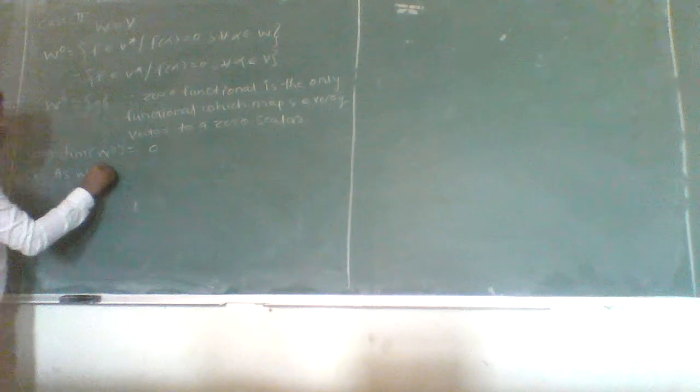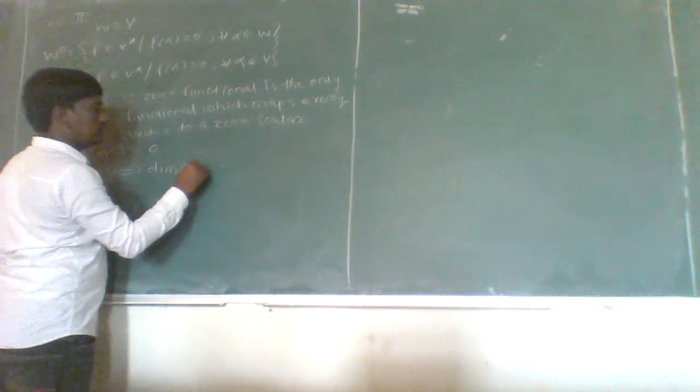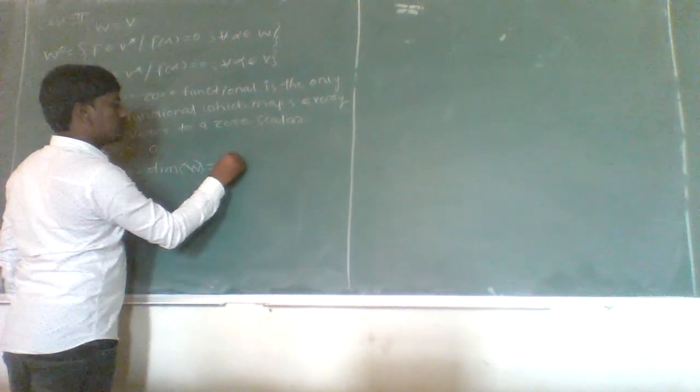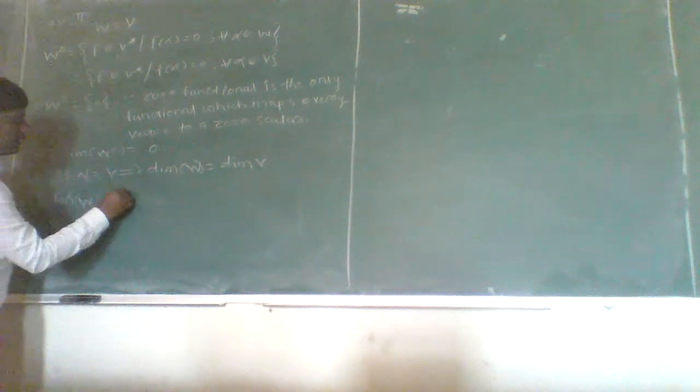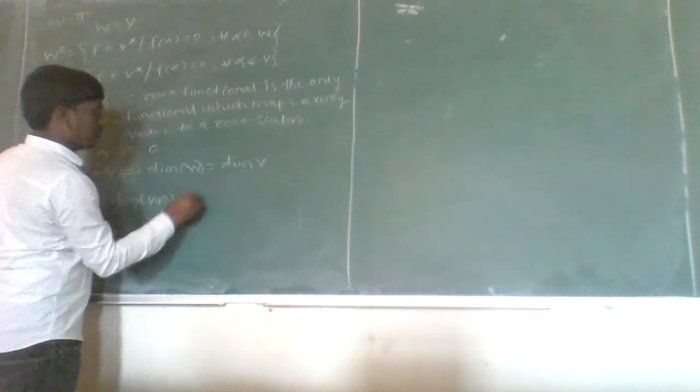And as given, W equals V, which implies dimension of W is equal to dimension of the vector space V. Now consider dimension of W plus dimension of W annihilator, which is dimension of V plus 0.